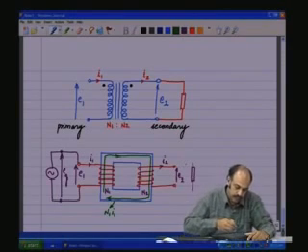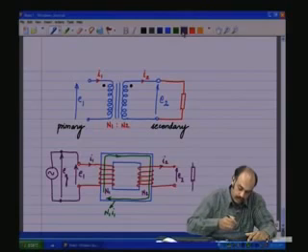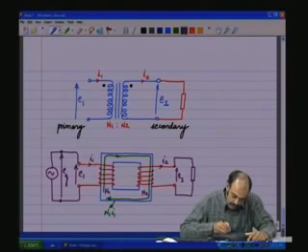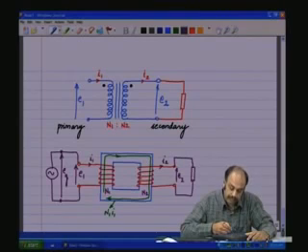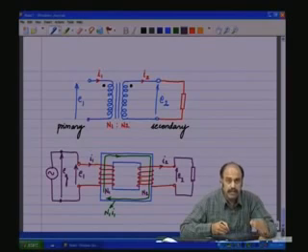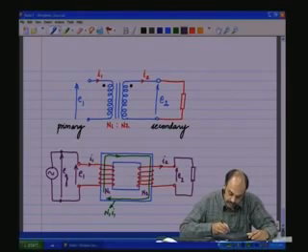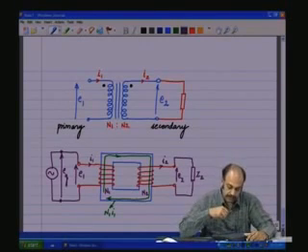Now if the load is connected and this flux N1 I1 which is generated in the primary is linking the secondary and multiplied by N2, a voltage E2 is generated by the Faraday's law of electromagnetism. And the moment you connect the load here, E2 divided by whatever the impedance Z2 is going to result in a current flowing through the secondary circuit.